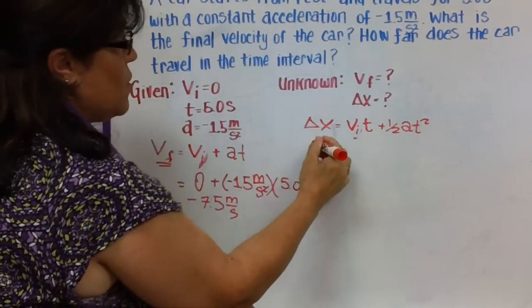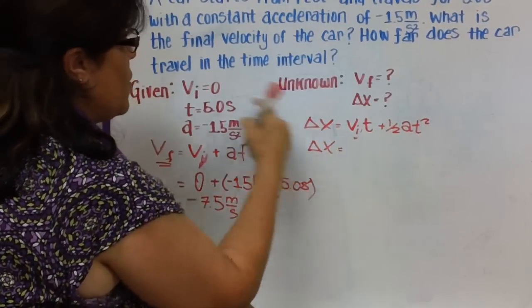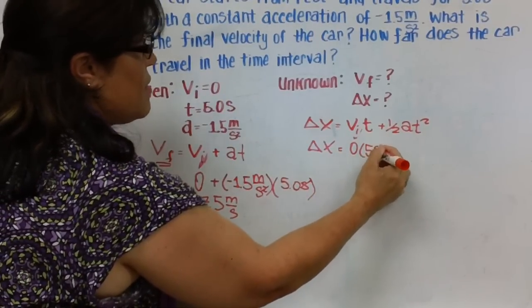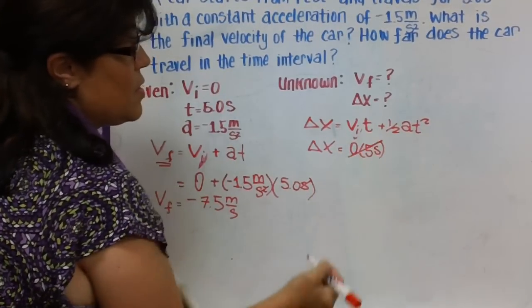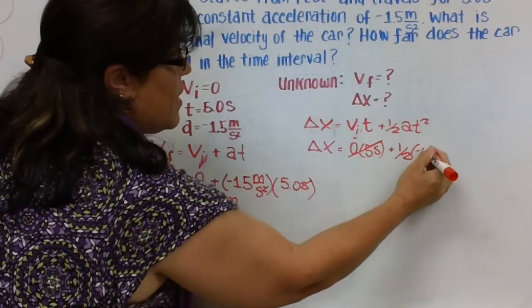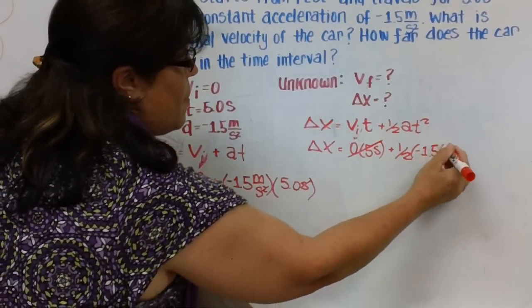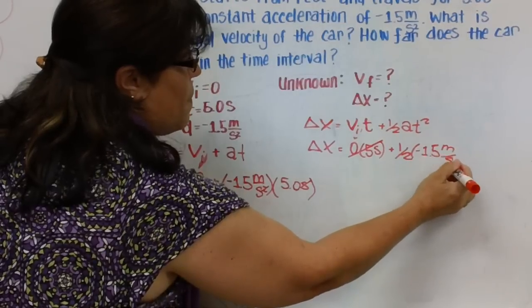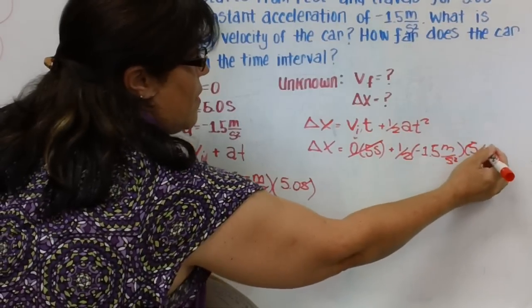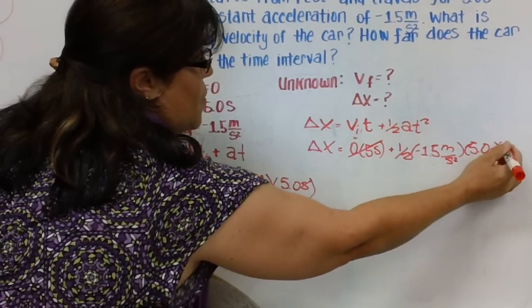Okay? So let's plug our numbers in. We know our initial velocity is 0. We know our t is 5 seconds. And this, luckily, is going to go to 0 altogether. Plus 1/2 A. A is negative 1.5 meters per second squared. And t is 5 seconds, and this is squared.